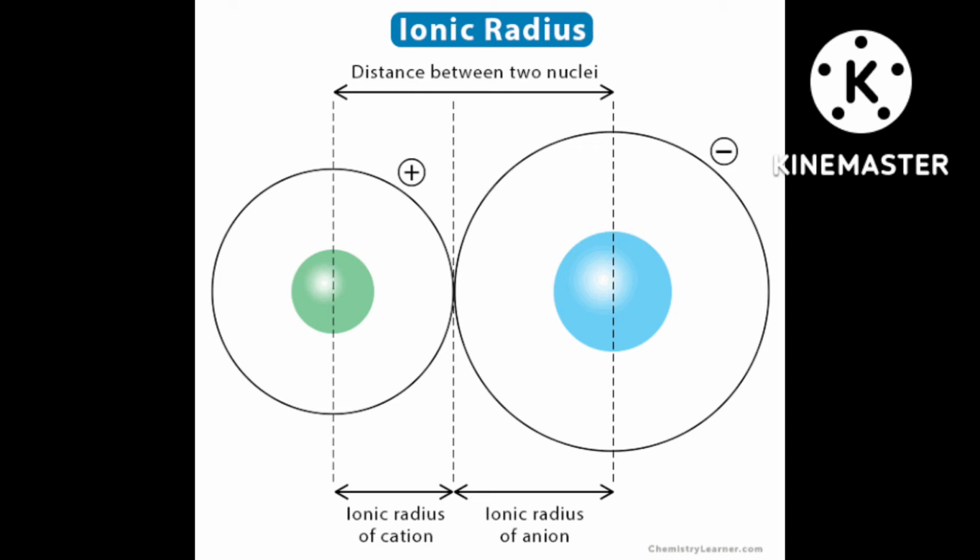Electrons are already there, and the extra electron will enter there only, so repulsion will be there. Due to this extra electron, significant repulsion from the other electrons happens in that orbit.